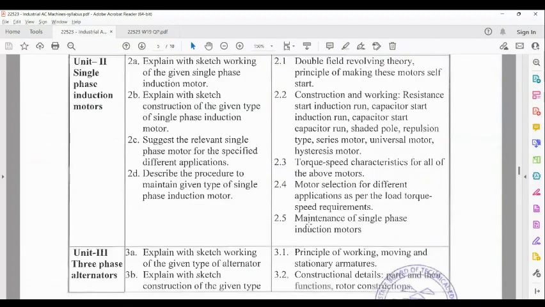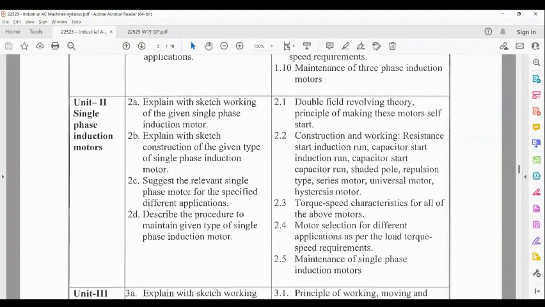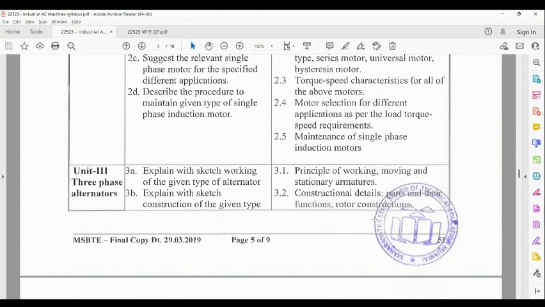So in the second unit and last unit, you will concentrate on the circuit diagram, torque speed characteristics, and the applications of that particular motor. Okay, also double field revolving theory.